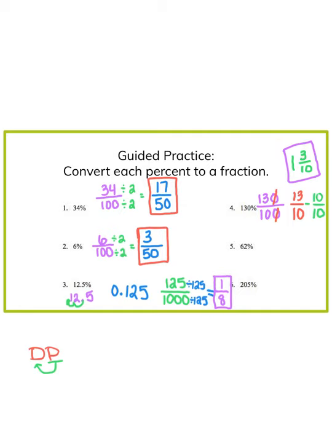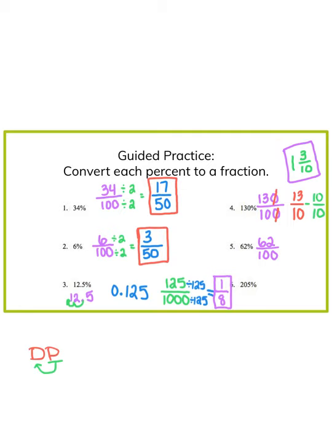Now let's convert 62% to a fraction. Percent means out of 100. So again, I'm going to write my percent over 100. And I notice that both of these numbers are even numbers.